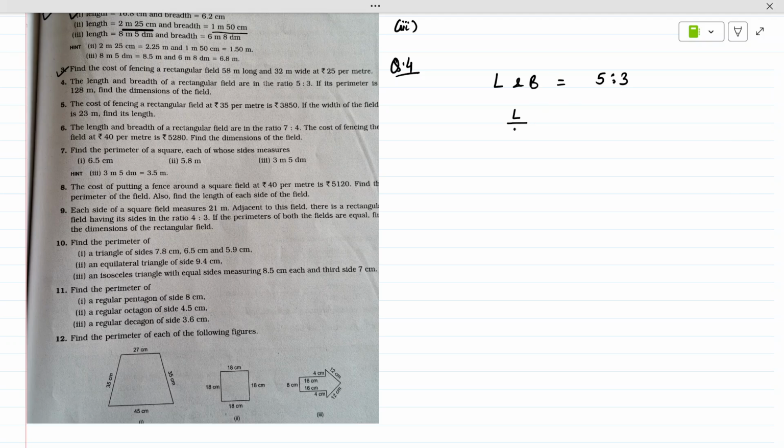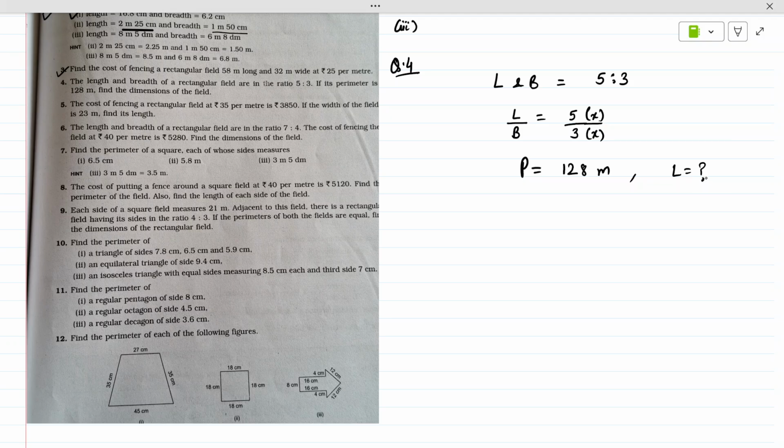That means L by B is equal to 5 and 3 of the actual length of x, which we don't know, okay, which we have to find out. Now it says that they are in the ratio 5x and 3x. If the perimeter is equal to 128 meters, then what are the dimensions?